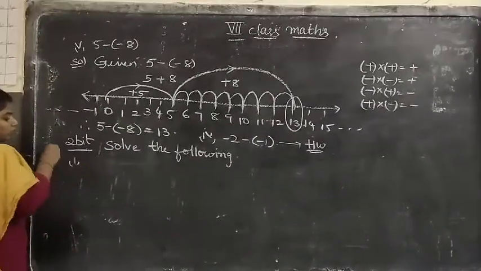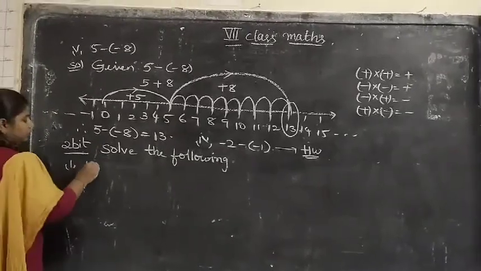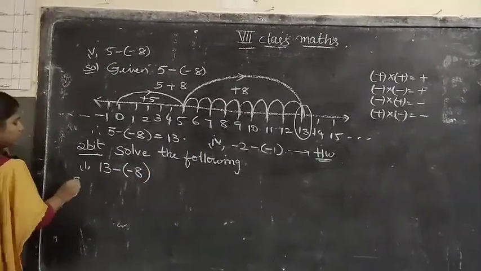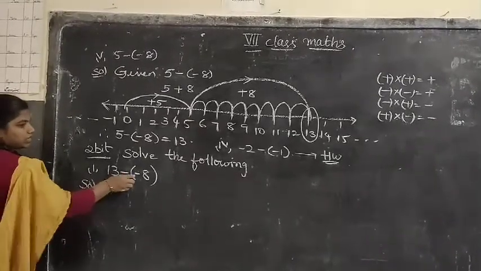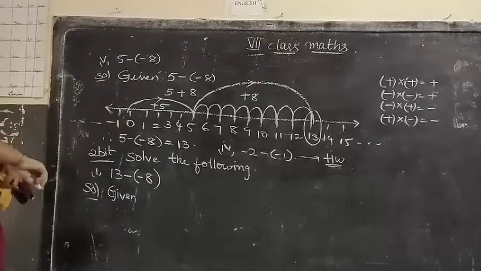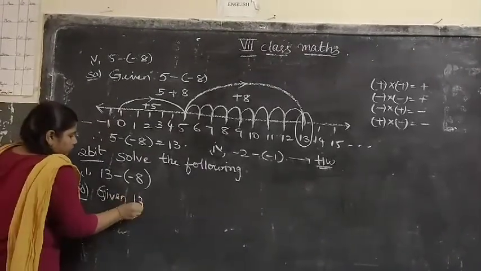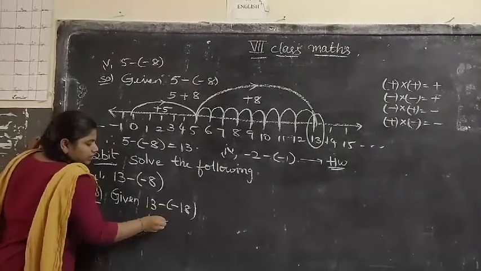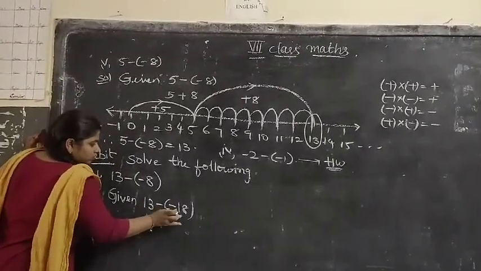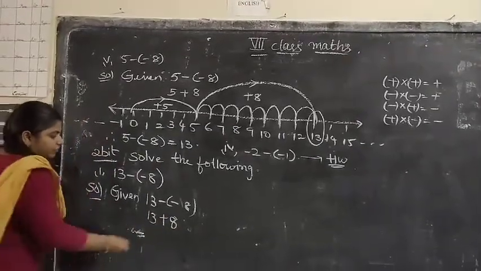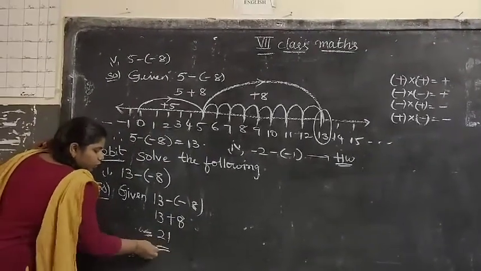First one is 13 minus of minus 8. First make this double sign into a single sign. So 13, minus into minus is plus 8. So 13 plus 8 will be 21.